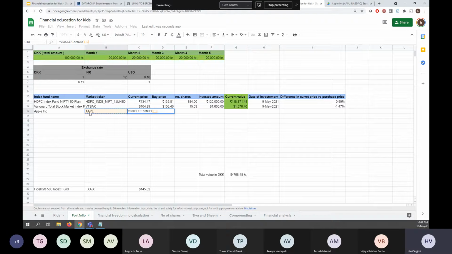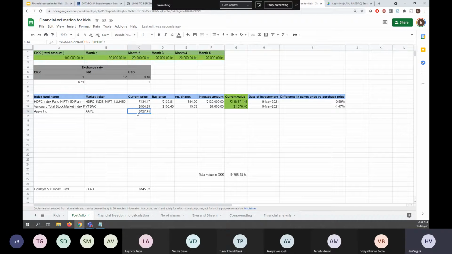I want to get the current price of Apple. So I selected B13, comma, and then I need the price. So it got me the price of Apple.